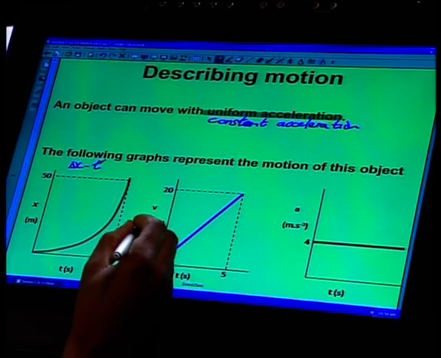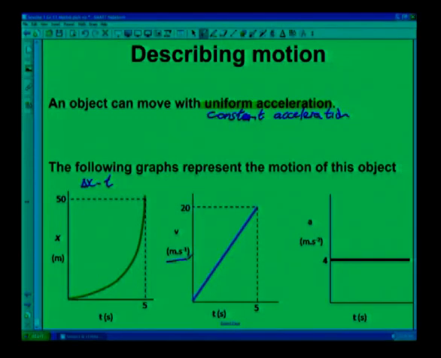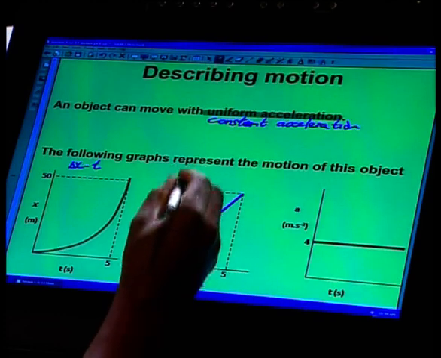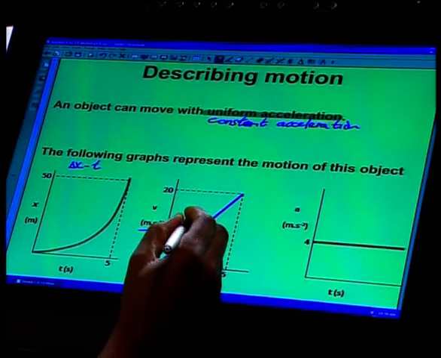Here on the second one, you would see we've got a straight line graph passing through the origin. In this way, we would see that equal changes in velocity happen within equal time intervals, okay? So this will lead us to something else.